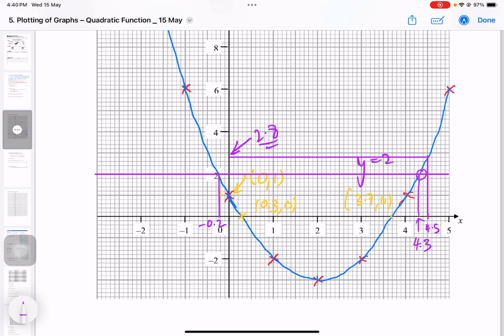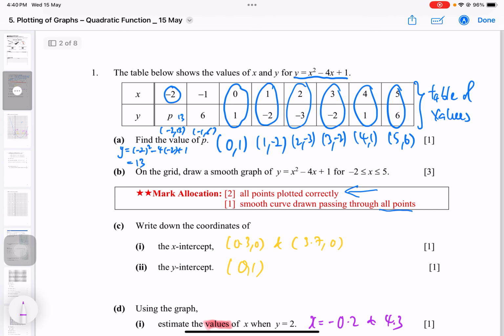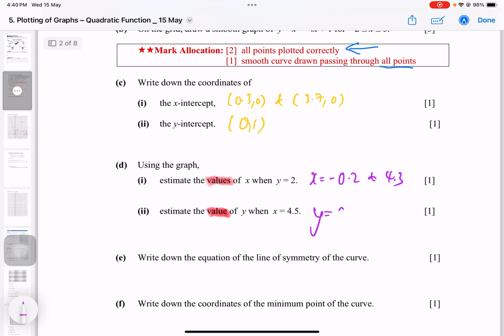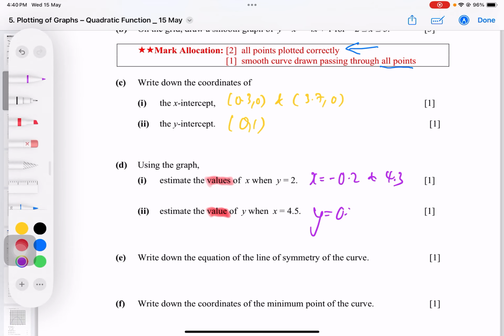Why 2.8? At this part here, this is 2, so this is 2.2, 2.4, 2.6, 2.8. So the y value is 2.8.